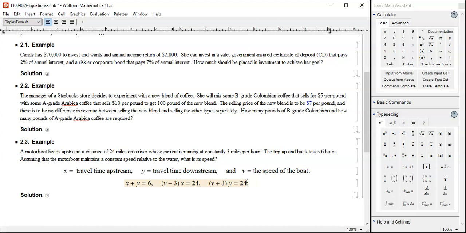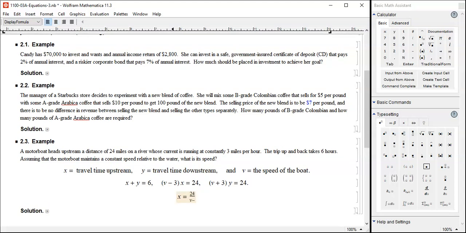And then how do we set it up? Well, let's see. We have to use this, x plus y equals 6. So for x and for y, x is equal to 24 over v minus 3, and y is equal to 24 over v plus 3.